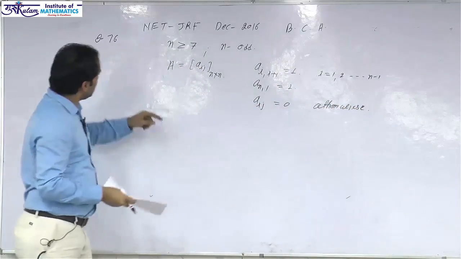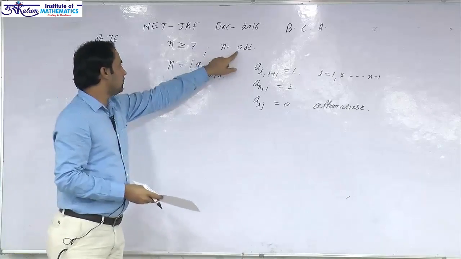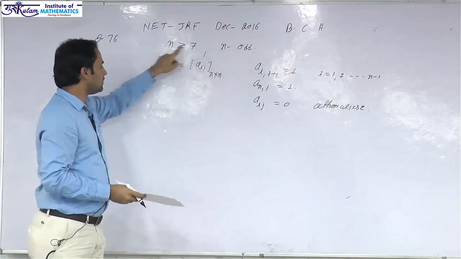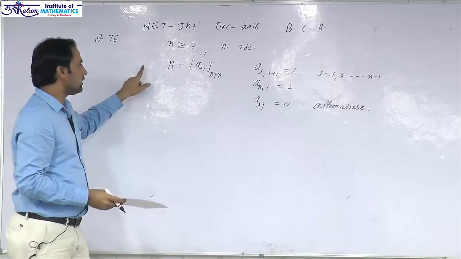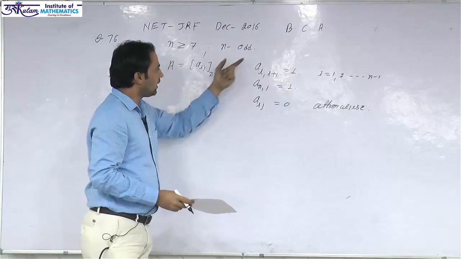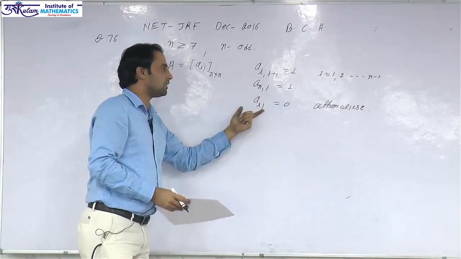So the question is, n is any odd natural number greater than or equal to 7, and A is an n cross n matrix with these entries.